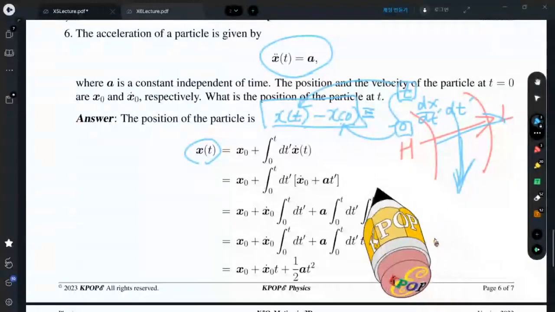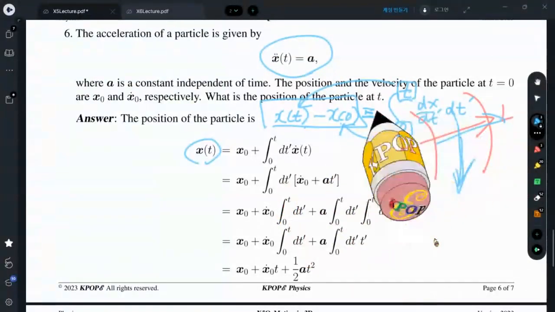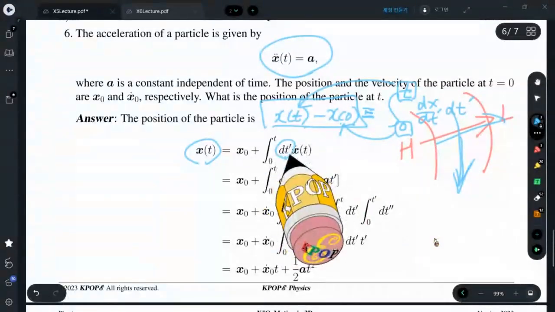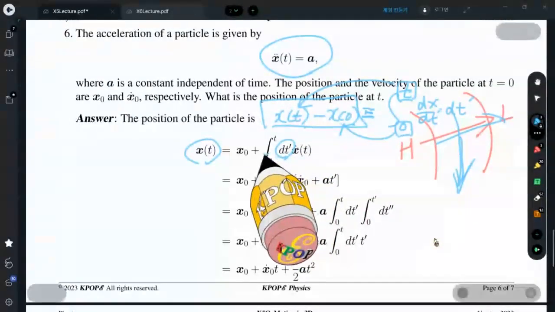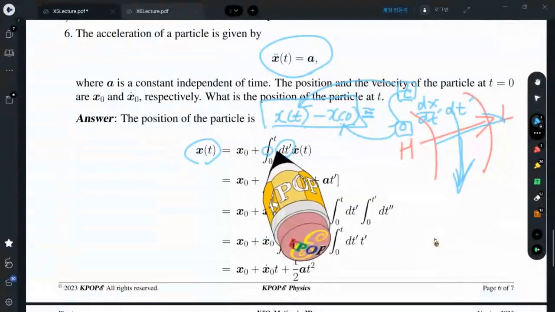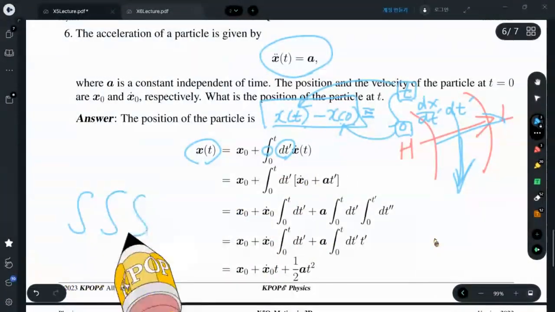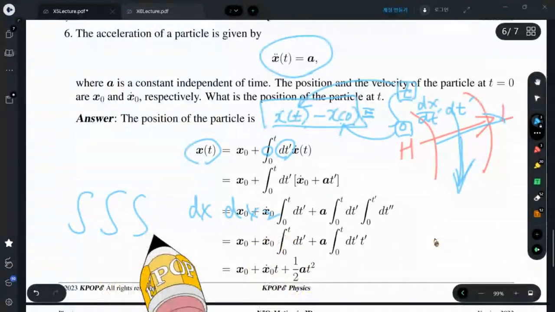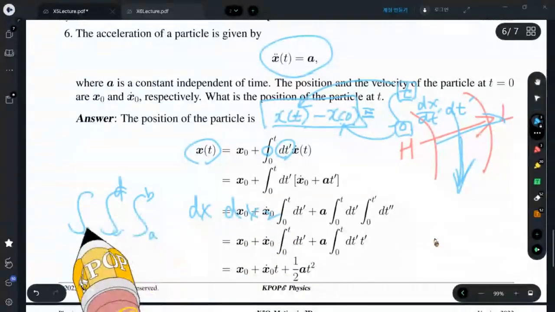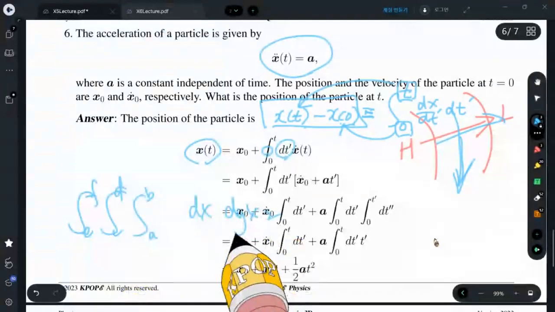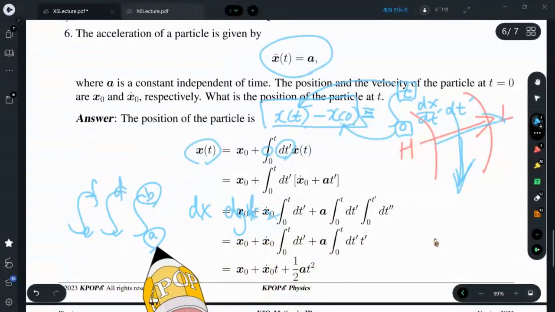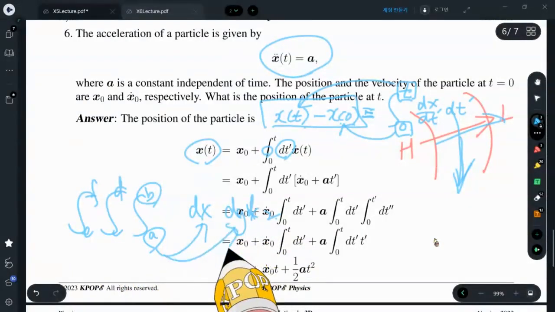For simplicity, if I increase the number of integrations, it is convenient to attach the differential to the integral sign. If there are many integrals, it is very difficult to distinguish A, B, C, D, E, F, and I don't know which upper and lower limits correspond to which differential.